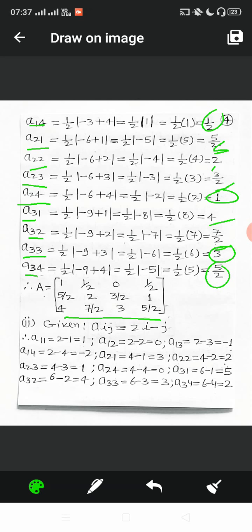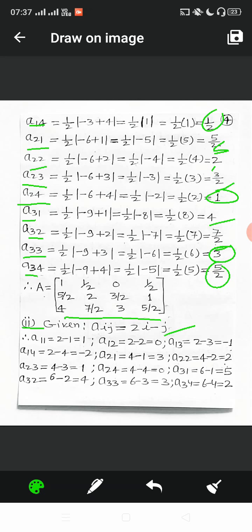Now, we discuss the second part. Given aij equal to 2i minus j. So, element a11 equal to 2i minus j, where i is equal to 1, j is equal to 1. So, 2 into 1 equal to 2, 2 minus 1 equal to 1.